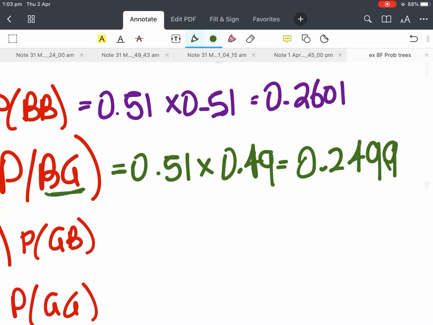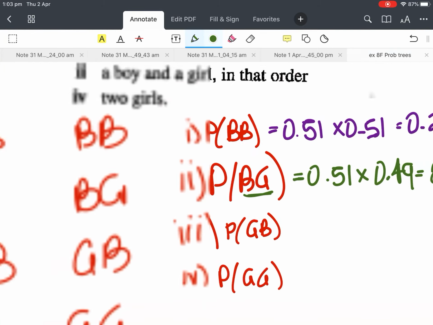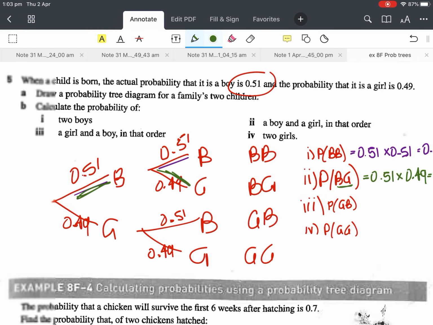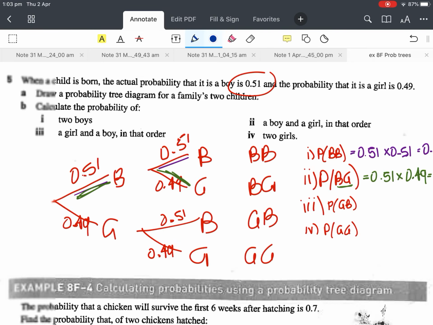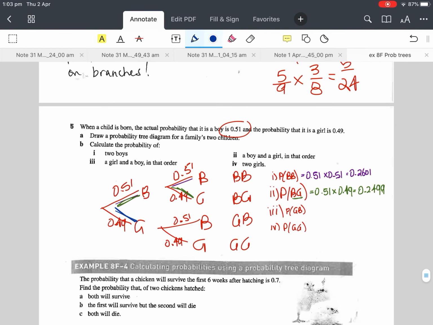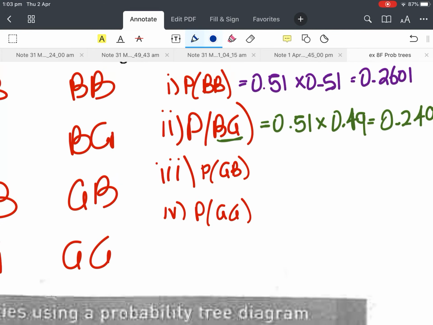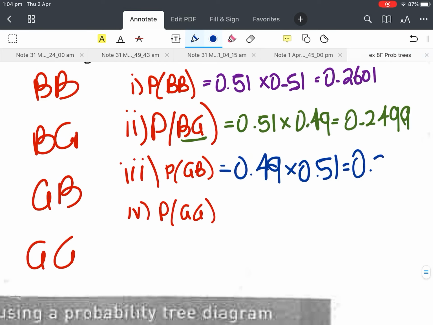Okay, now this time it wants girl, boy in that order. Different colour. Let's try blue. So girl, boy is here. So that means I must do 0.49 times 0.51, which really will just be the same as the top one, 0.2499 again.